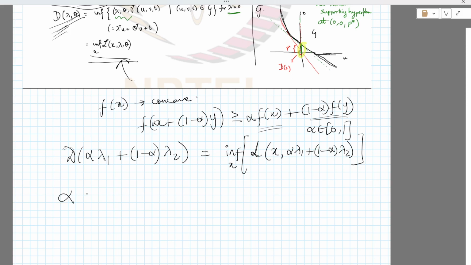The other thing I'll have is alpha times d(lambda 1) plus (1 minus alpha) d(lambda 2), right? This will be equal to the infimum.